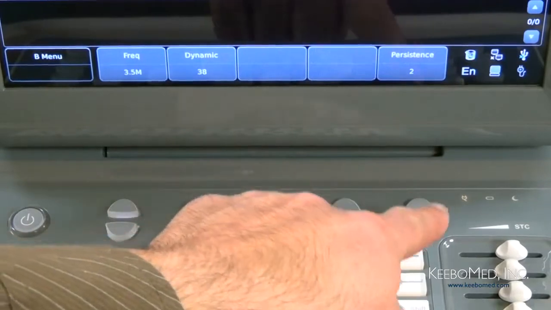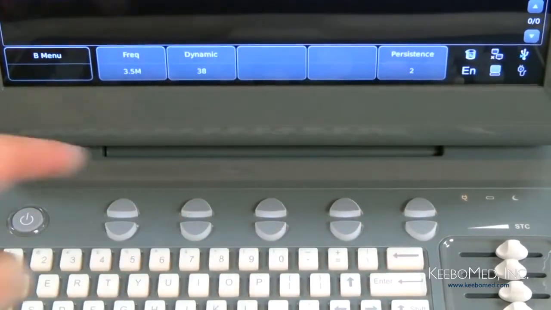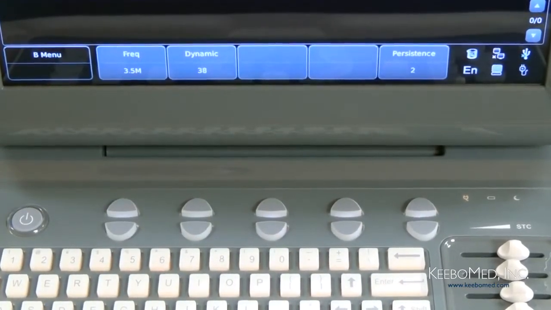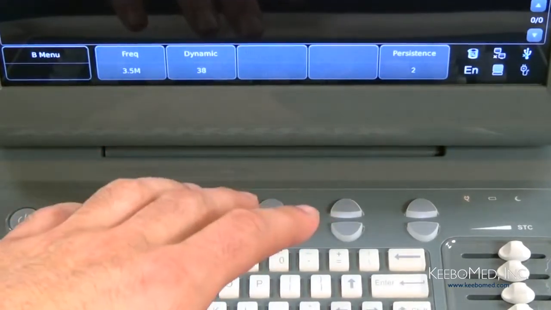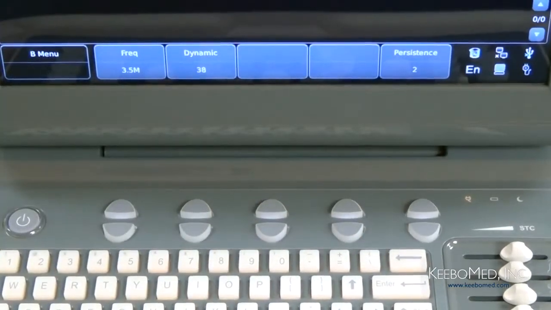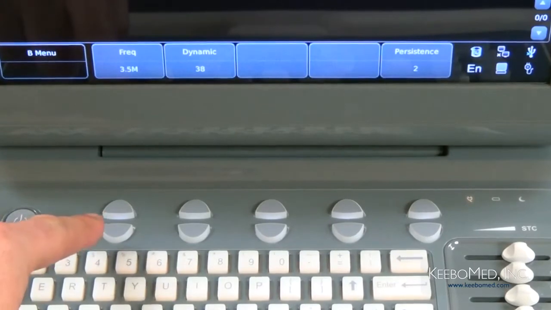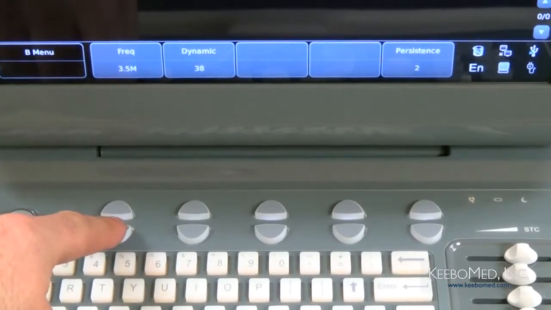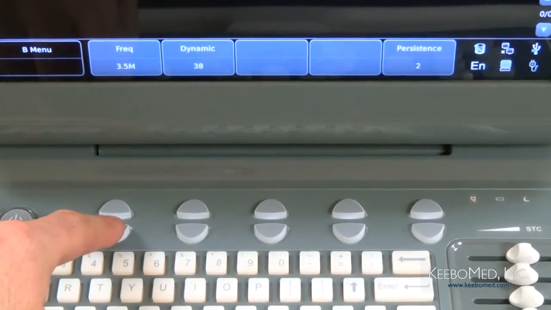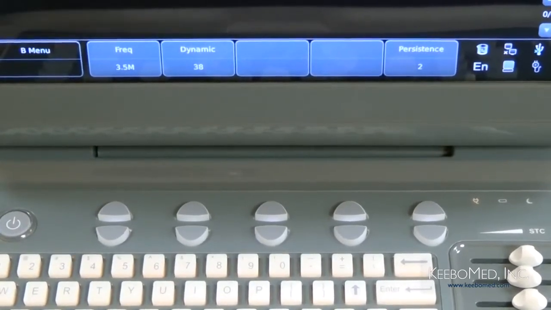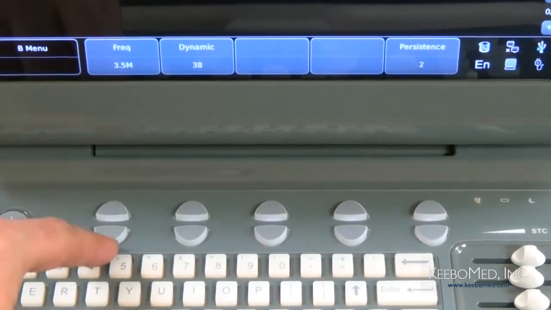Above the keyboard is a group of keys that are used to control specific parameters. Now these controls depend on what functions are being used at the time on the ultrasound. As you can see, each set of keys corresponds to a specific function that can either be increased or decreased by pressing up or down.